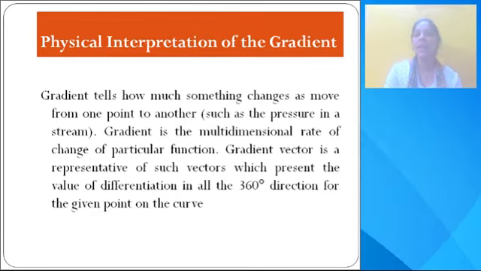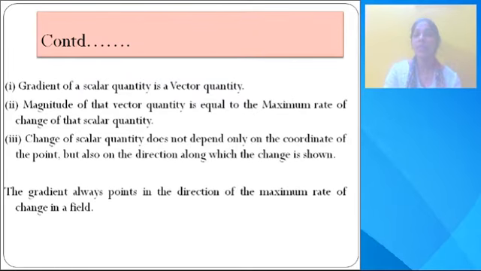Gradient is the multi-dimensional rate of change of a particular function. The gradient vector represents the value of differentiation in all 360-degree directions for the given point on the curve. So this is the physical meaning of the gradient.